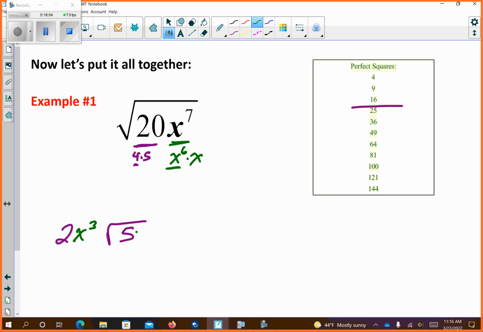And then I'm left with an x underneath still. That's my answer. So let's just pause there for a minute. Do you follow what we did? I tried to change some colors. I referred back to the perfect squares. Look at that. You feel good? Can I move on?